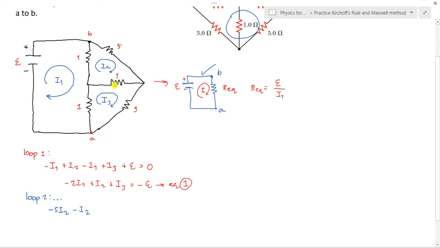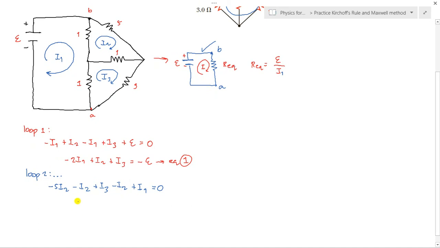However, at that resistor, I3 also interacts in the opposite direction, so that is plus I3. Then I2 also passes through the left side, so voltage drop, minus I2. Then I1 also interacts at resistor 1 there, in the opposite direction, so that is plus I1. Everything else is equal to 0.